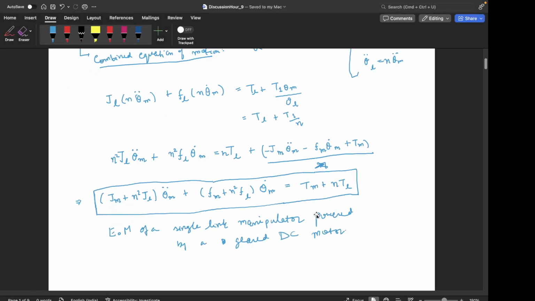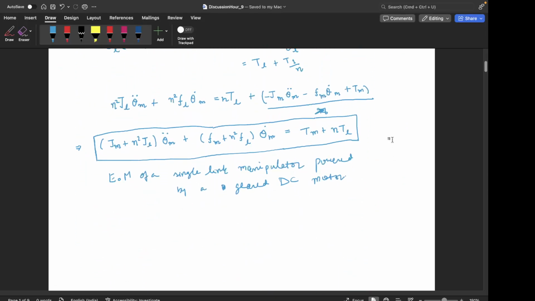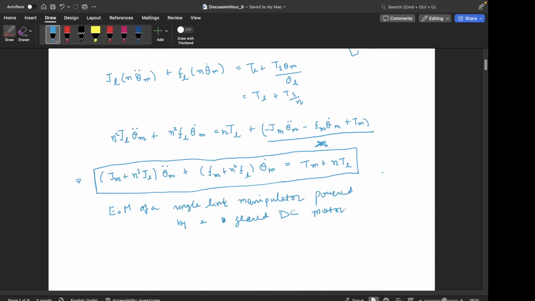Right. So what we see here is that, as we discussed, n is basically the speed reduction, let's say 1 by 10, for a gear ratio.